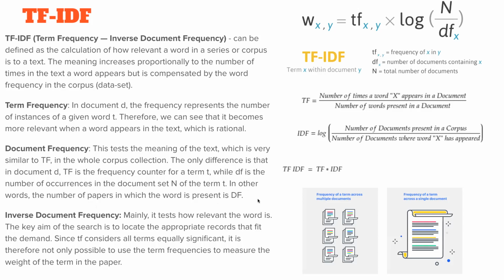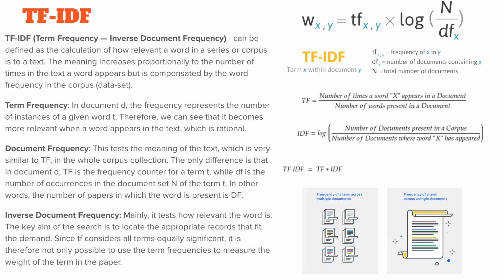So term frequency is how many times a word appears in a corpus, and a corpus is the absolute collection of your text data.